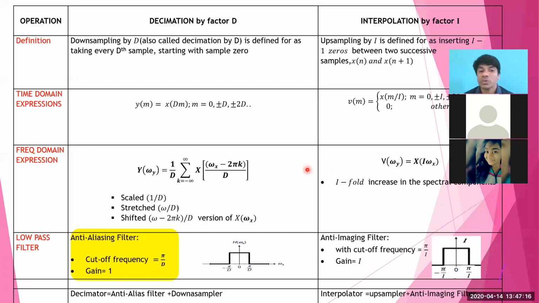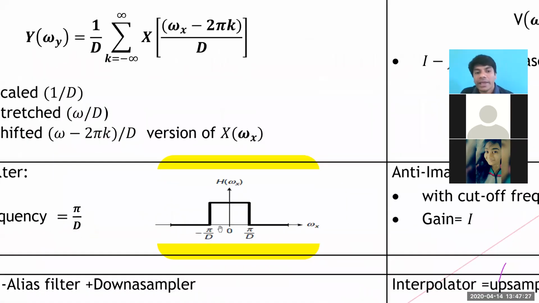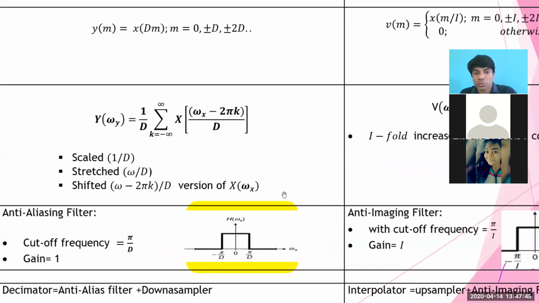So that's why we send our input signal through a filter with this kind of response, where anything above pi by D and below minus pi by D, that means either positive or negative, is cut off. So only the frequencies between 0 and pi by D, plus or minus pi by D, are sent through.